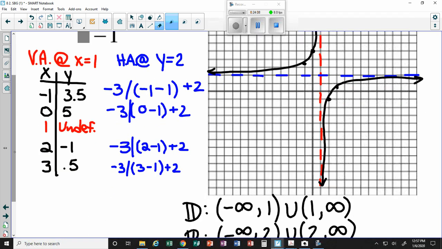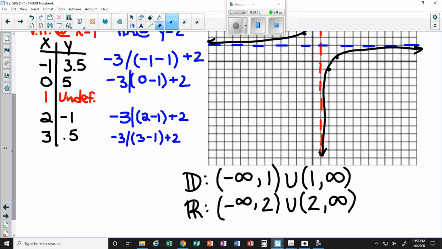The parentheses show that the 1s are not included. Yeah. Okay, our range is then what? -infinity to 2, and then the union with 2 to infinity. Yeah. Parentheses on each of those also. Okay.